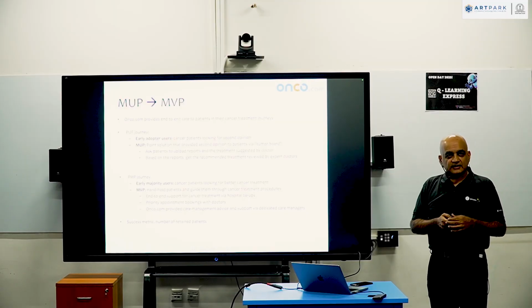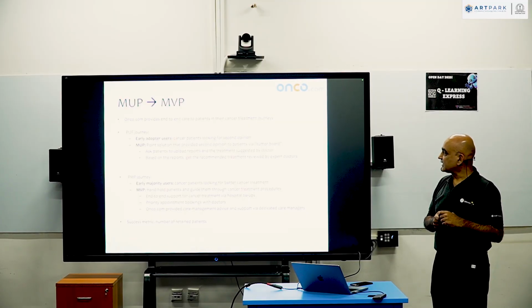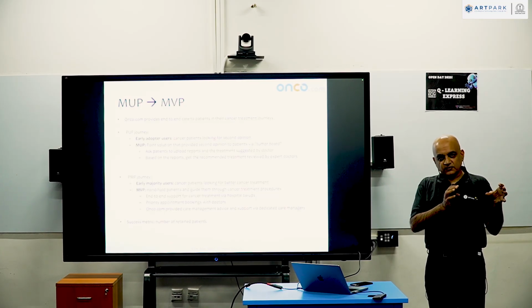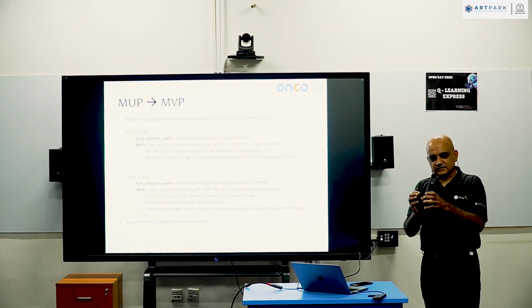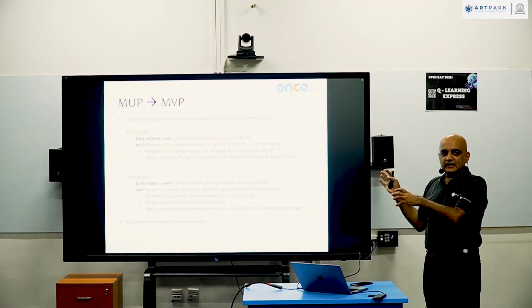Okay, so let me now give you a couple of examples of companies that have actually done this journey. We talked about MUP, which is minimum unbundled product. Then we talked about MUP plus, which is minimum unbundled product with a value promise. And then now MVP.